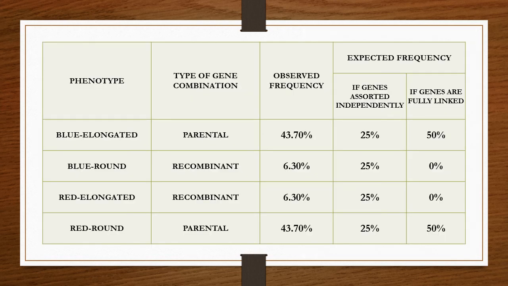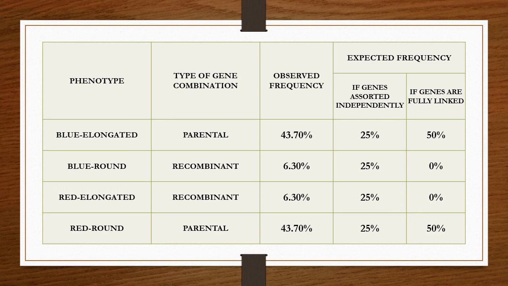The conclusion of Bateson and Punnett's experiment is given in tabular form. The phenotypes we saw in the explanation are blue and elongated pollen grains, blue and round pollen grains, red and elongated pollen grains, and red and round pollen grains.